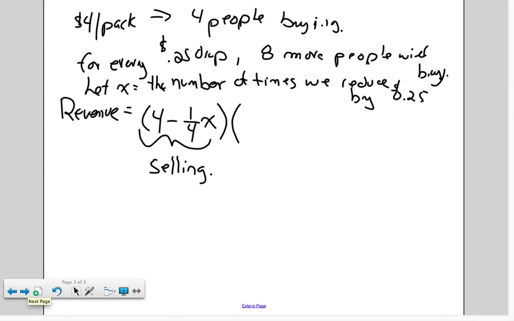So if I'm selling for $4, if I don't drop the price at all, what's the cost? $4. If I drop it once, what is it? $3.75. If I drop it twice, it's right. So this here, I'll do this in red, is the number of packs I sell.